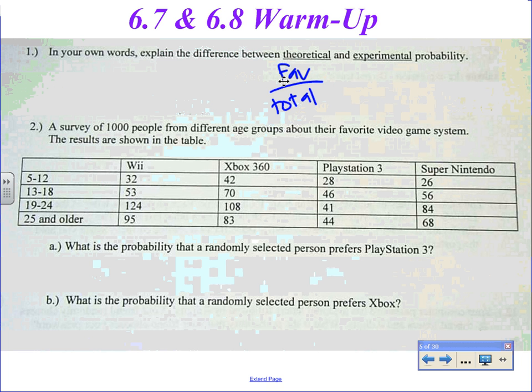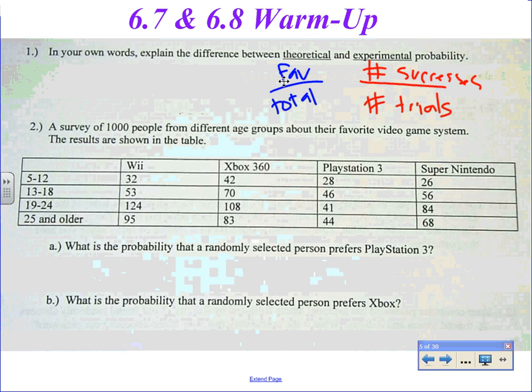Do you remember? Peyton? Good. Number of successes over number of, Grace? Good job. So this is another way of explaining it. So experimental, maybe how many tails you get on a coin over how many times you flip that coin. What happens after an experiment? Theoretical, in theory, what happens? Favorable outcomes over total outcomes.